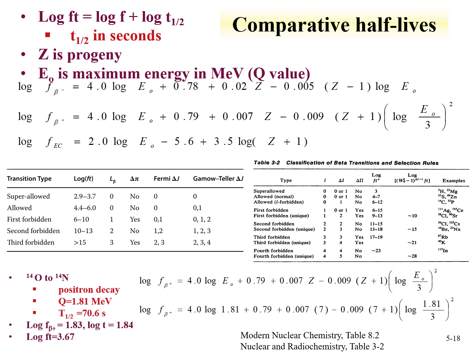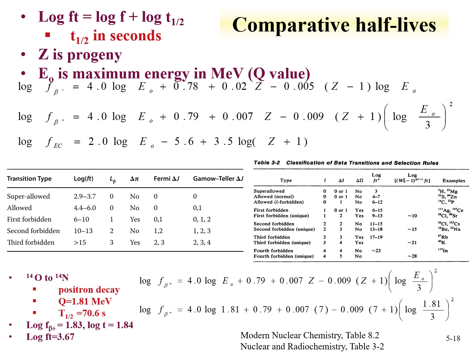If I take my positron equation here, and now I plug in my values for the decay of oxygen-14, the Z is now the Z of nitrogen, and the Q value is for the E. I come up with a value of log F beta plus of 1.83.